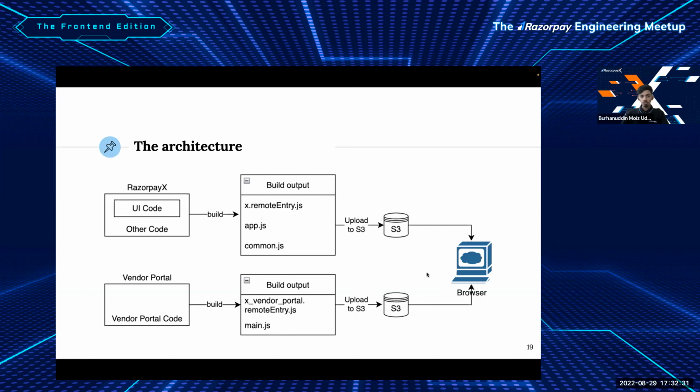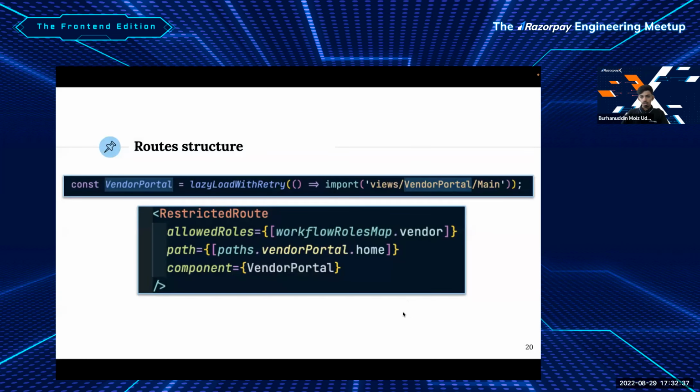So now, getting into the actual implementation details on how we did it. Some more context: like I said, we lazy load the vendor portal code, and we have this one main component, which is the entry file for that dashboard. We actually use React Router.